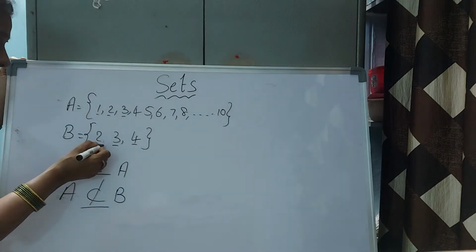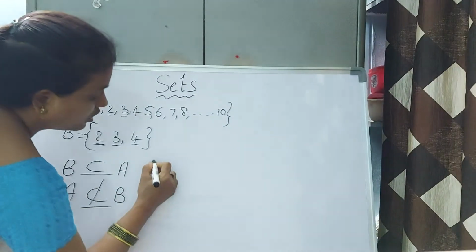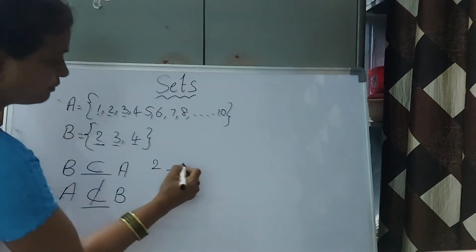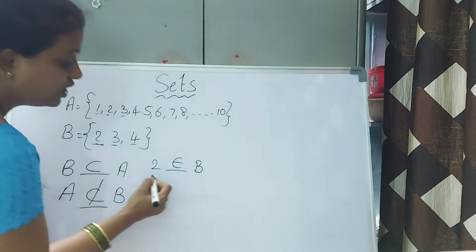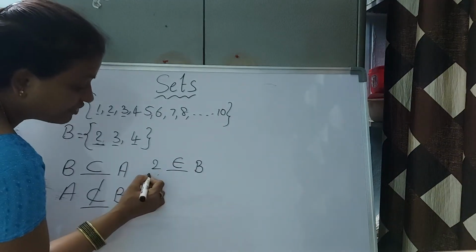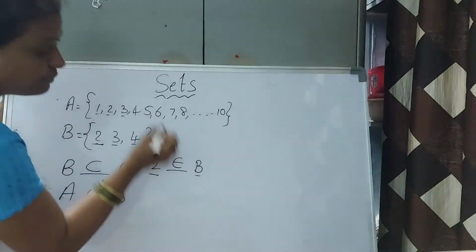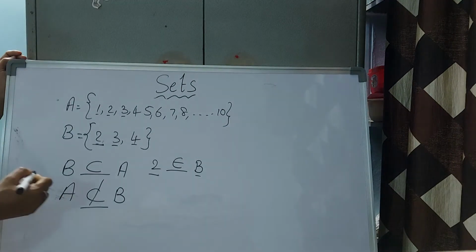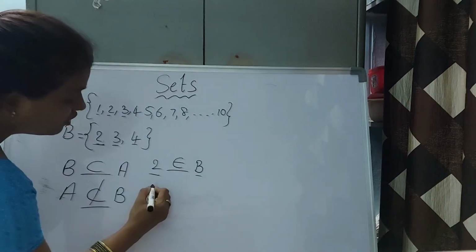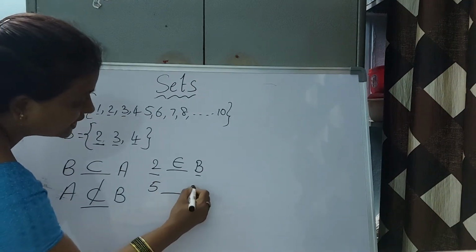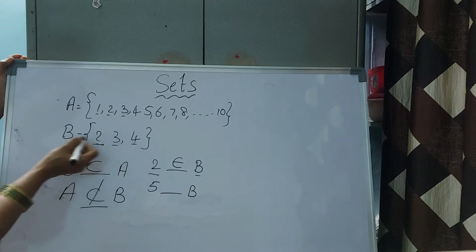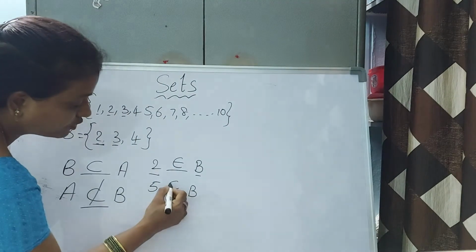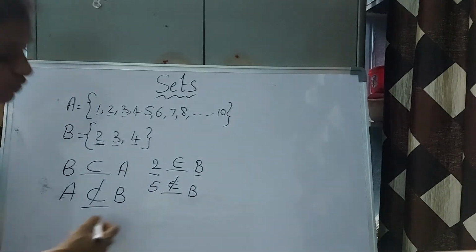If you take the element 2 and set B, at that time we have to write belongs to. 2 is the element. Between an element and a set we write belongs to and does not belong to. For example, 5 and set B. Is there any element 5 in set B? No. So we have to write does not belong to.